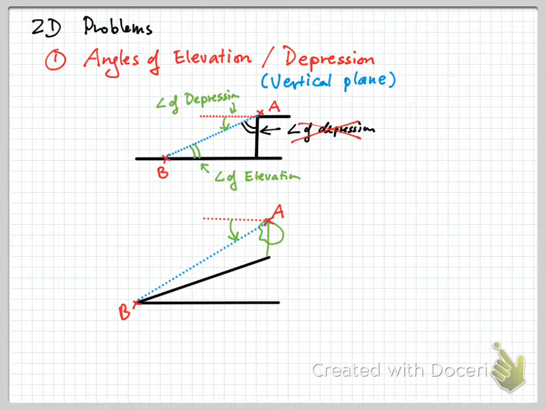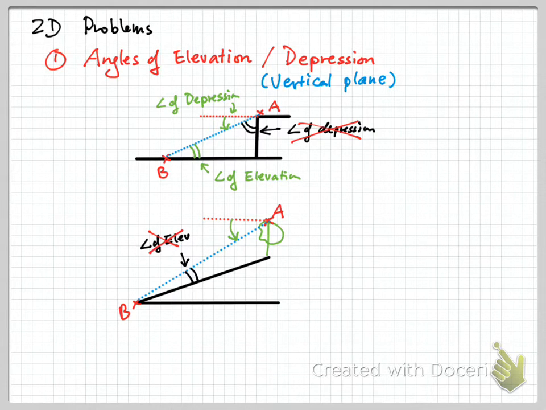Now, the confusing part is the angle of elevation. What is the angle of elevation from B? Once again, so often people make the mistake of saying that this is the angle of elevation from B. Once again, this is wrong. This is not the angle of elevation.